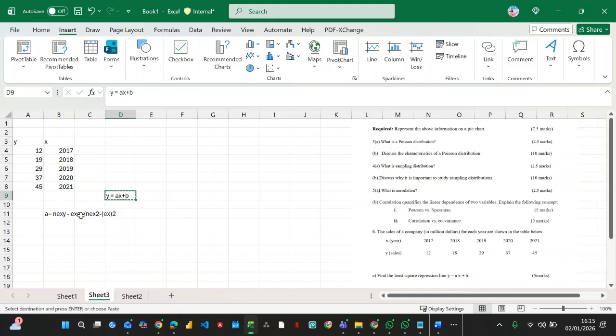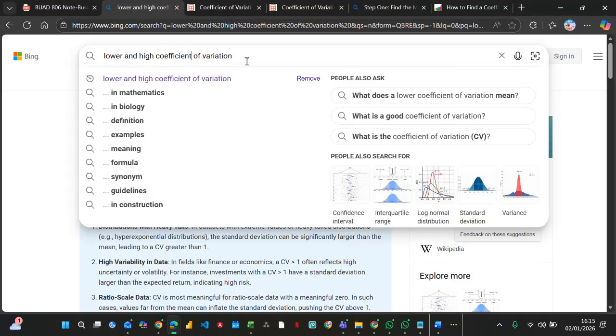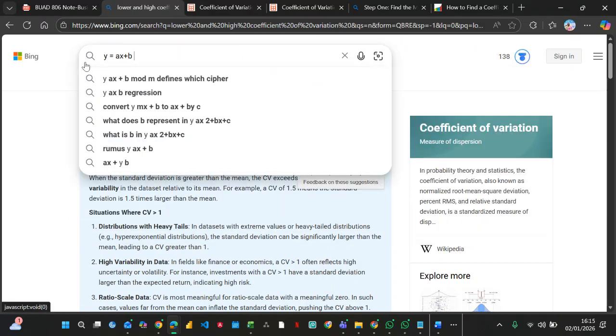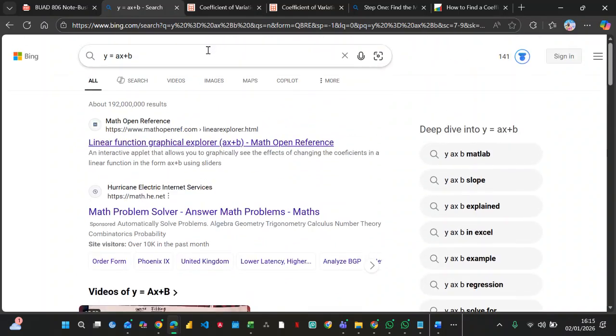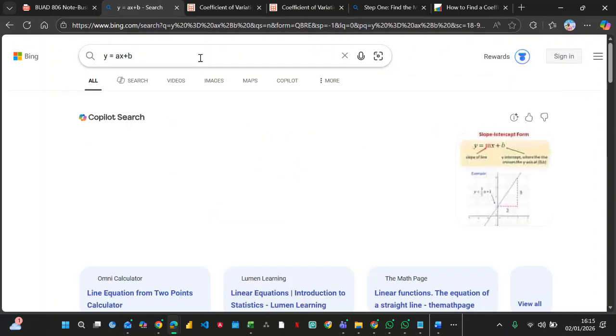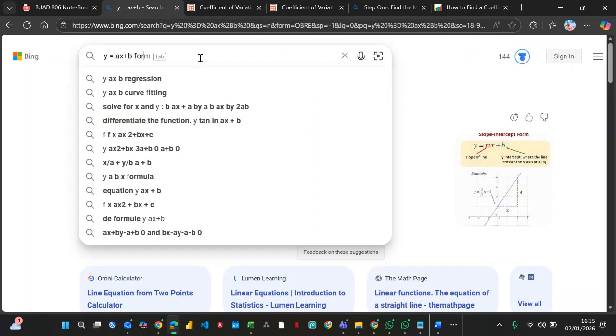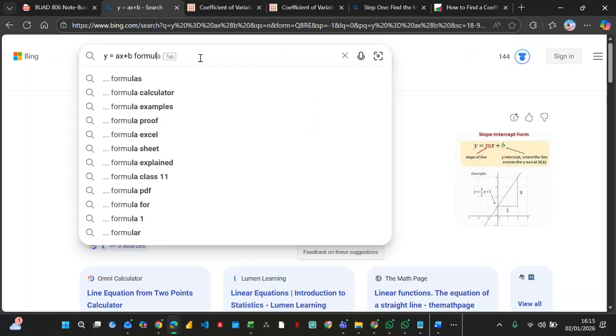Now from this formula that we put here, can you see? So what we need to do in this formula to find our a is 5 times the summation of xy, which is 5 times 51. So this is summation of n multiplied by summation of xy. Then minus summation of x and summation of y.